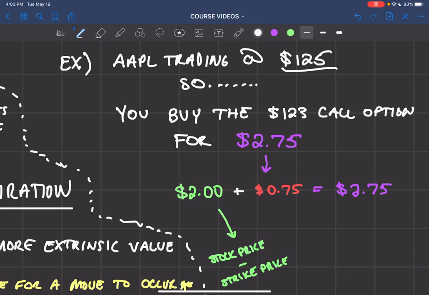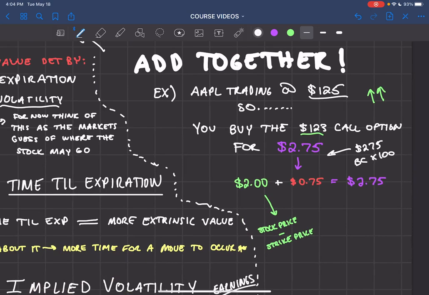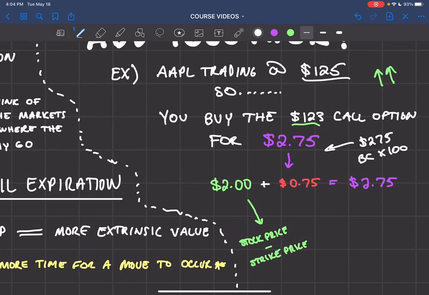In this case, you think the stock price is going to increase, so you buy the 123 call for $2.75. Remember, this is really $275 because of the times 100 multiplier. So you buy the 123 call option on Apple for $275.